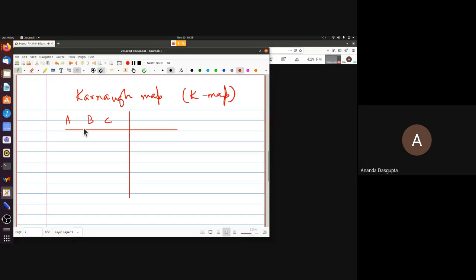So, assuming that we have a particular physical or not physical, but some situation in mind where there are three inputs A, B, C, and let's say the problem we want to deal with is a situation where we want to determine majority. There are three people voting, and if the majority vote in favor, majority is 1, then you get a 1.